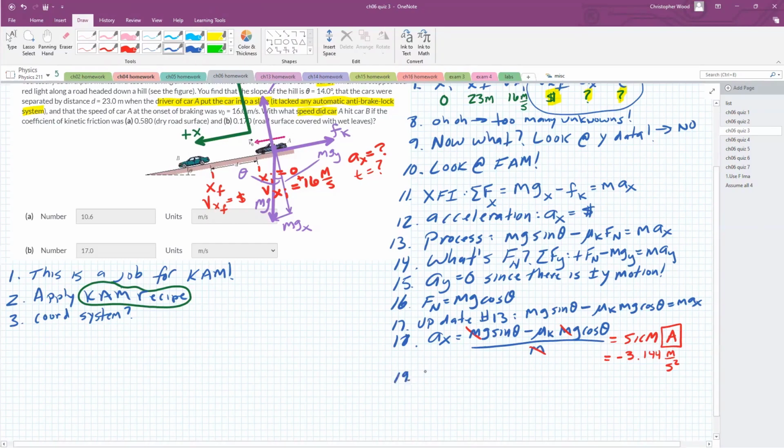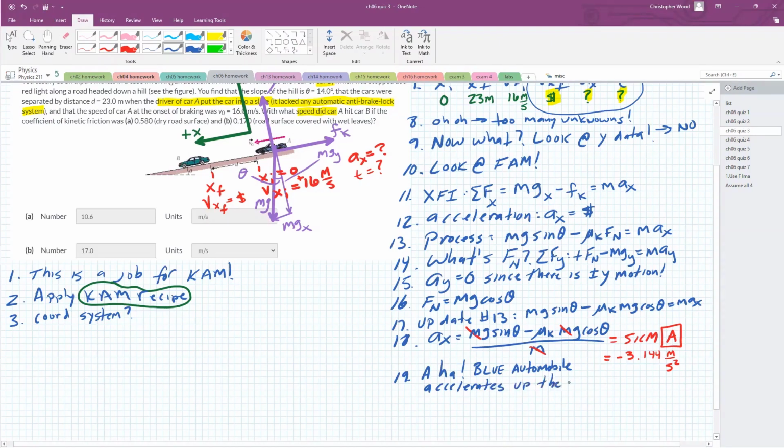Number 19, aha. The blue automobile accelerates up the ramp. The blue automobile is moving down the ramp, but it's accelerating up the ramp.